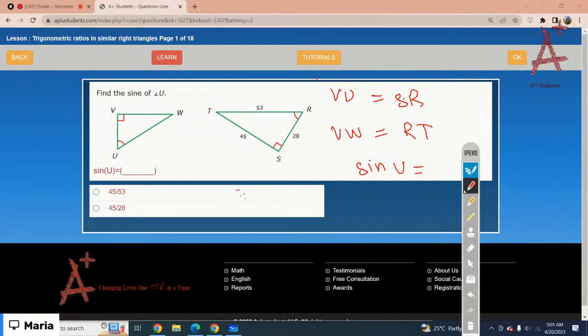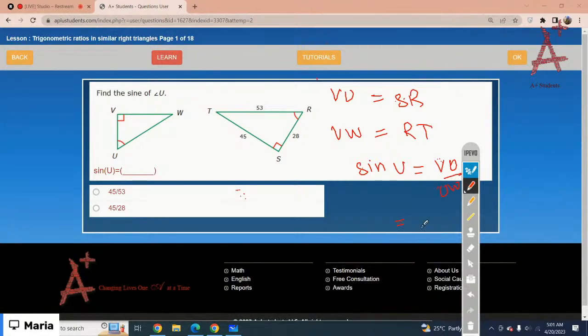So adjacent would be VU divided by UW. Got it? If you just look at this triangle, it would be 45 over 28.